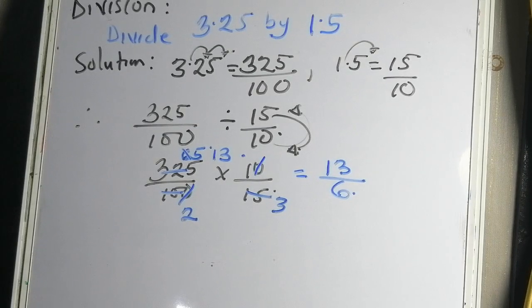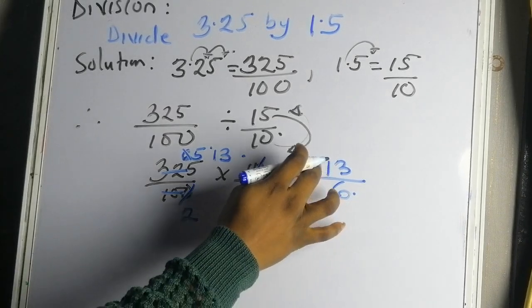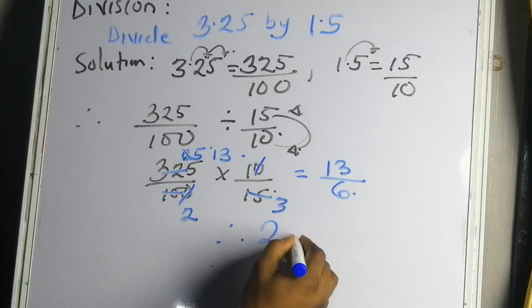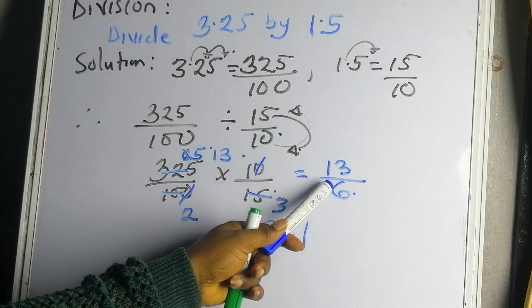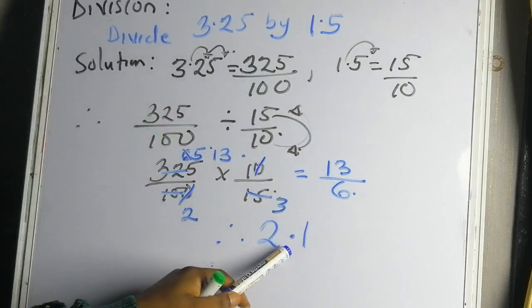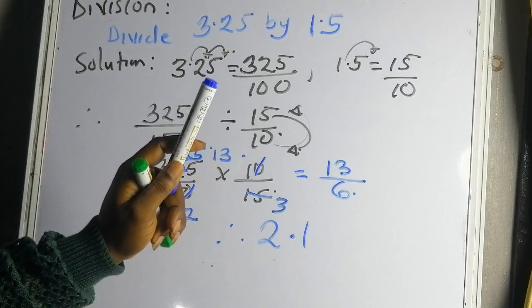Therefore, 6 can go in 13, 2 places. It will remain 1. 6 cannot go in 1, so you put a point. 6 in 10 is 1, it will remain 4.